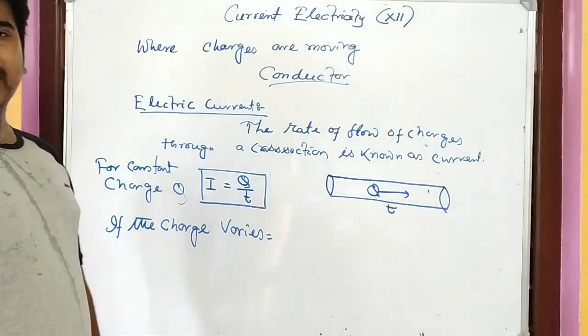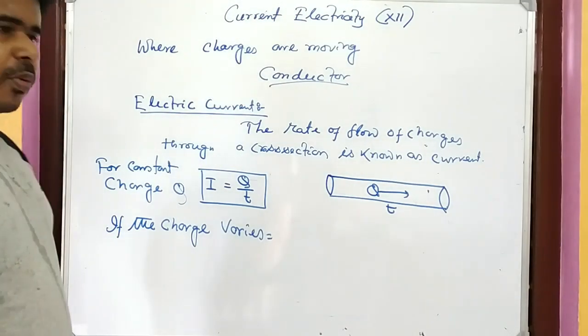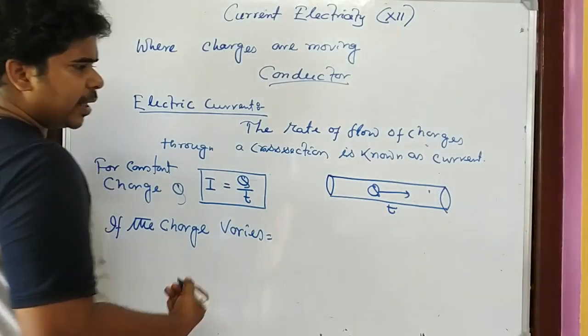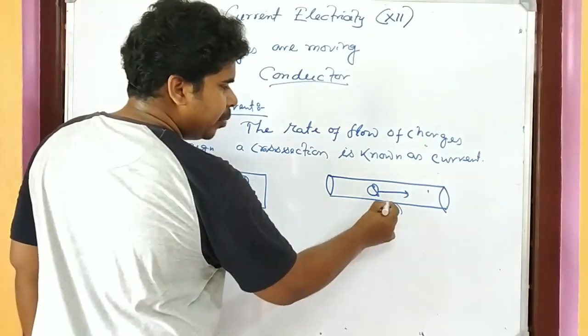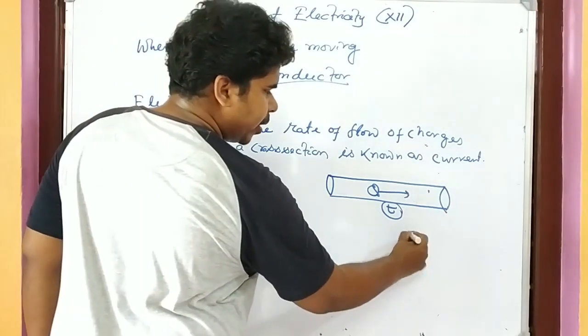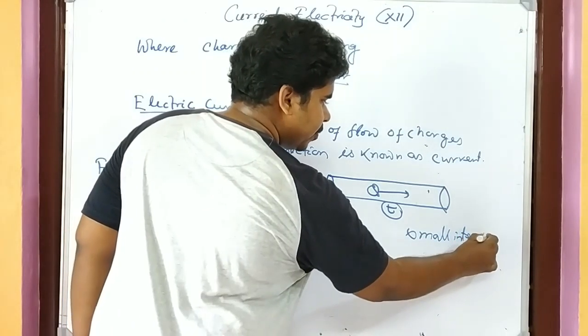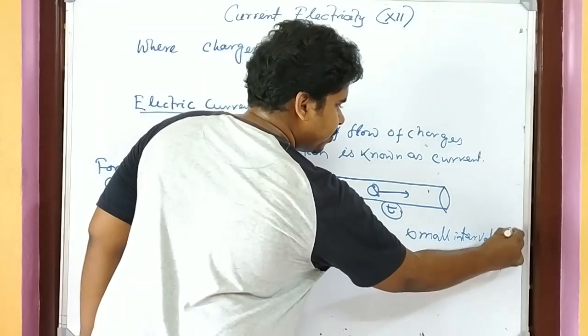For that case we will take the help of differentiation. We will not take a time t, we will take a very small interval of time, that is del t.